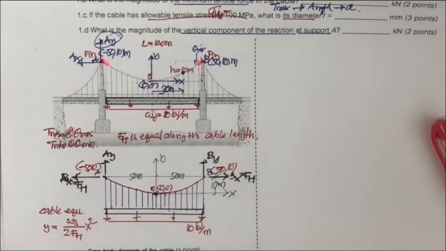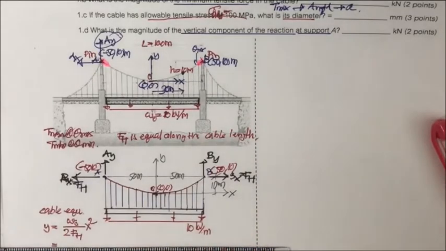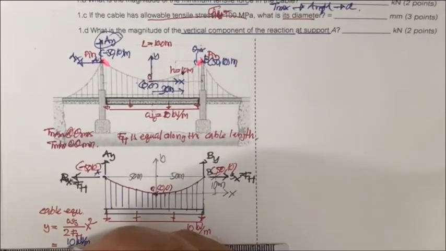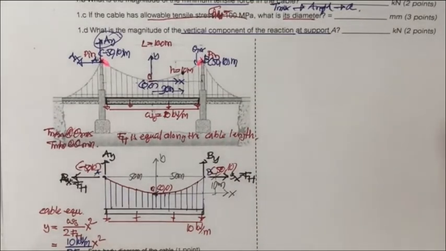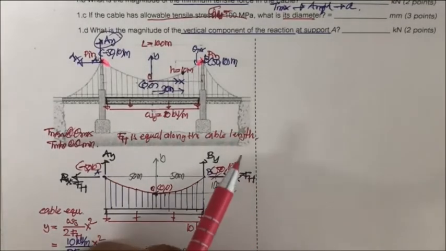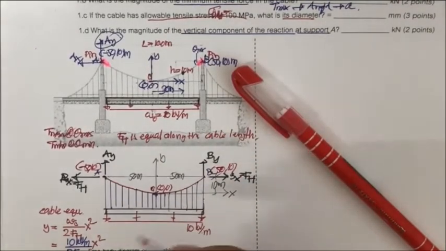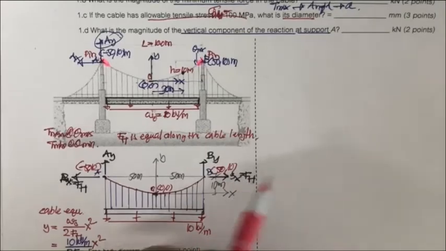And from this equation, w sub naught is 10 kilonewton per meter, and then it's divided by 2 F sub h, times x squared. So this equation can be written as 10 divided by 2, which is 5, divided by F sub h, and then x squared.